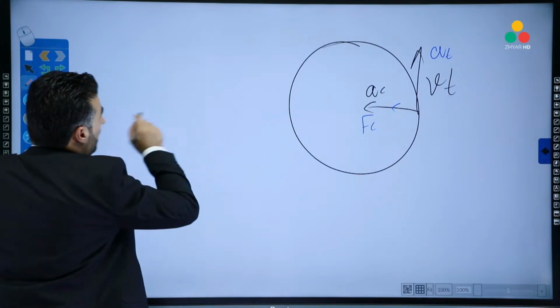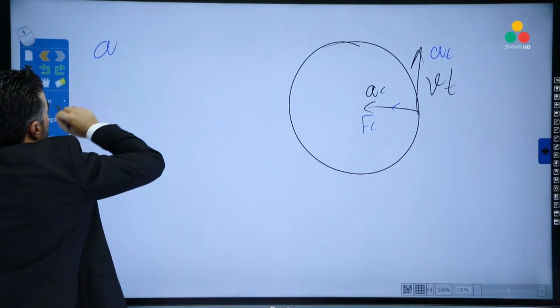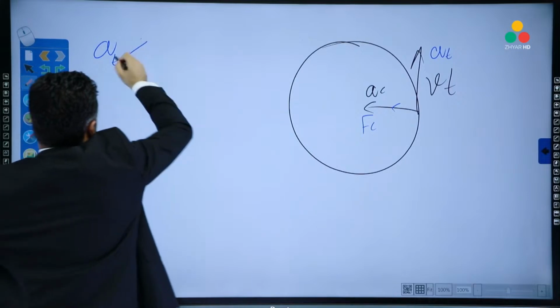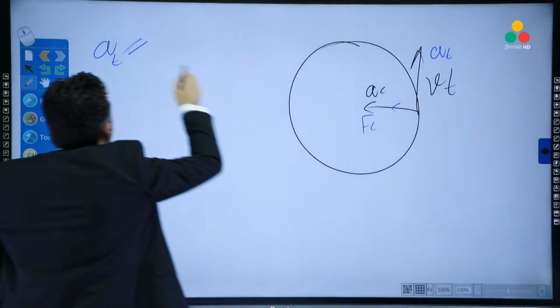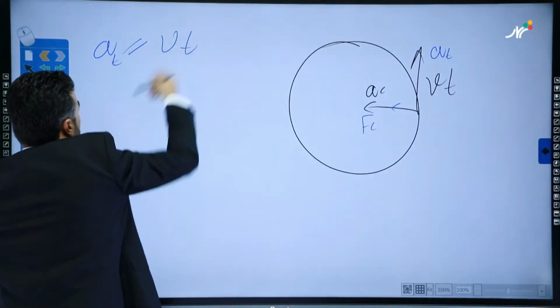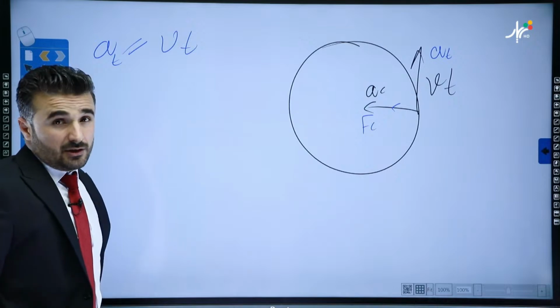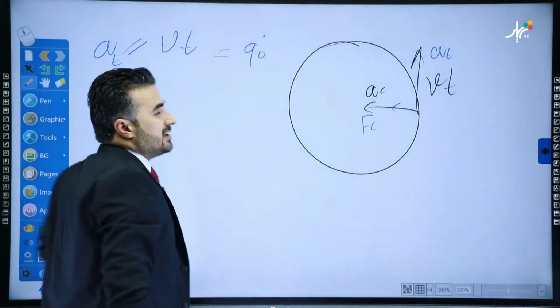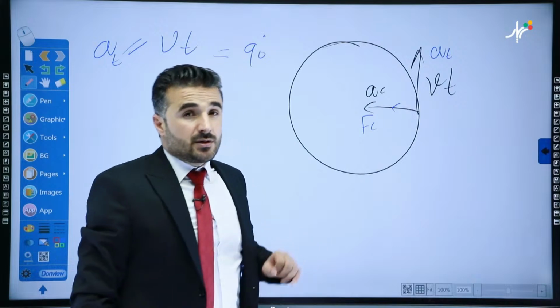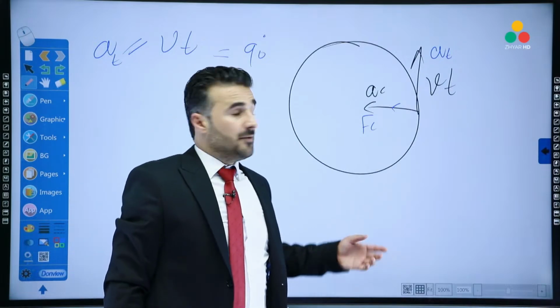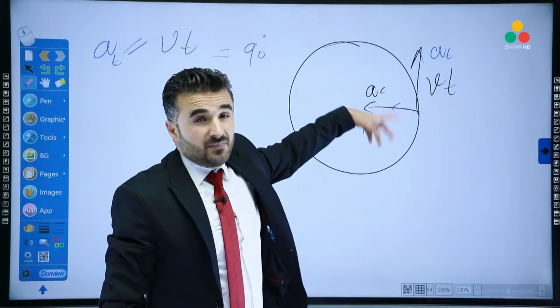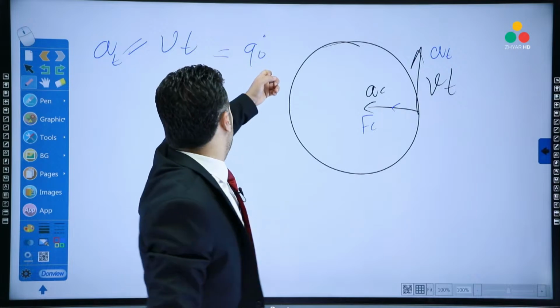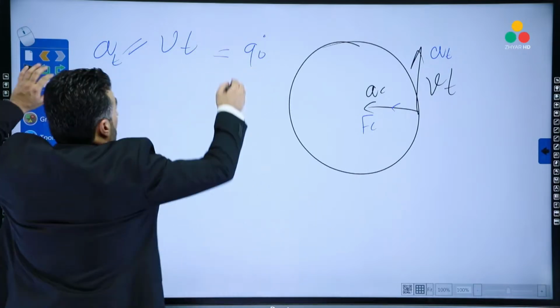We do know that if the object's speed is changing, then tangential acceleration and tangential speed, these two are parallel to one another. In another word, we can say the angle between the two is 90 degrees. Oh my bad, these two are parallel, my bad, okay?